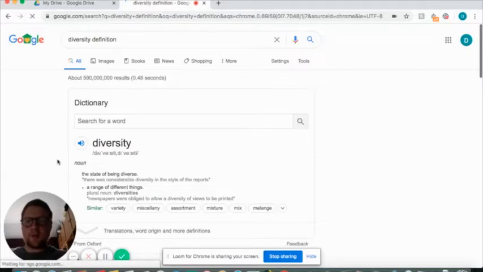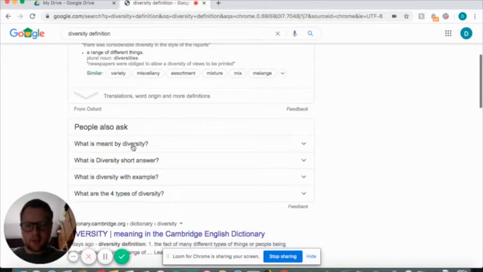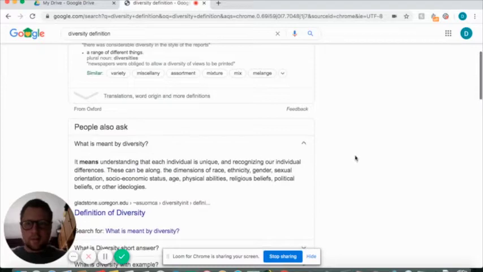Now I'm going to scroll down as that doesn't give us a lot of the true meaning of diversity, so I'm going to have a look at what is meant by diversity. It means understanding that each individual is unique and recognizing our individual differences. I think this is a great definition of diversity.